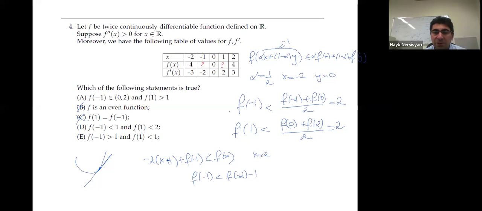Do you agree with this? So we plug instead of x -2 into this. f(-1) is smaller than 3. Actually, it is not informative at all at this point.